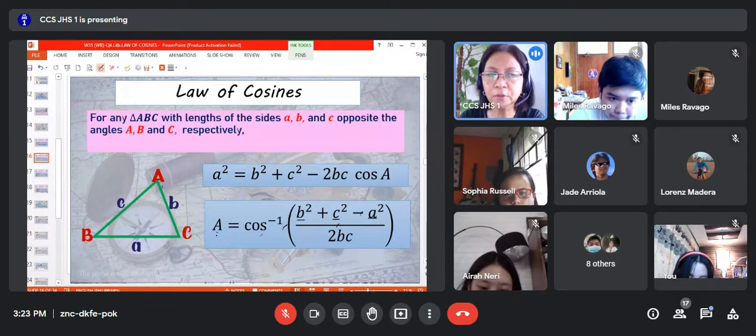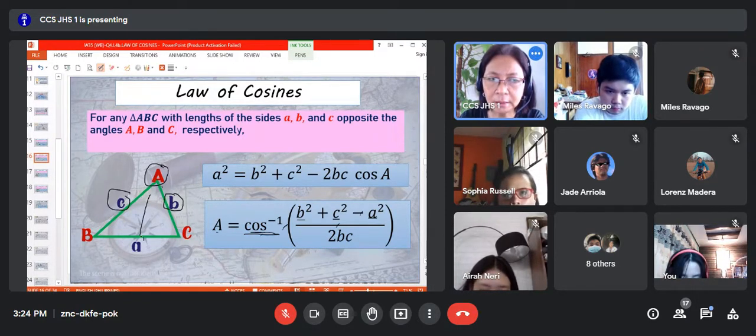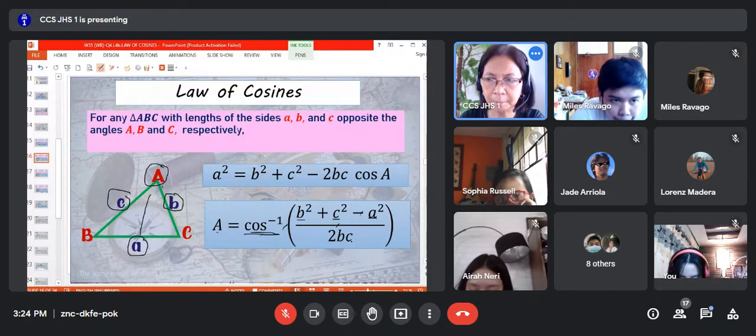If you want to solve for angle A, it is the inverse cosine of the ratio of B squared plus C squared minus A squared, the length opposite the angle A that you're trying to look for, over 2 times B times C. Follow?